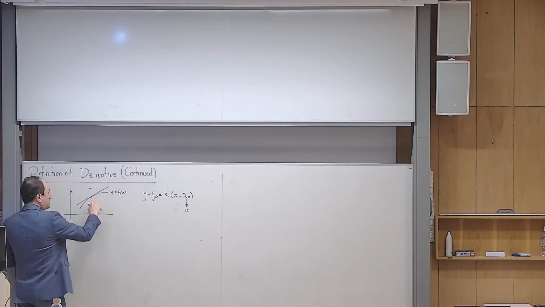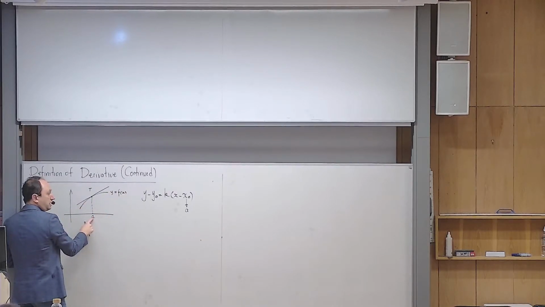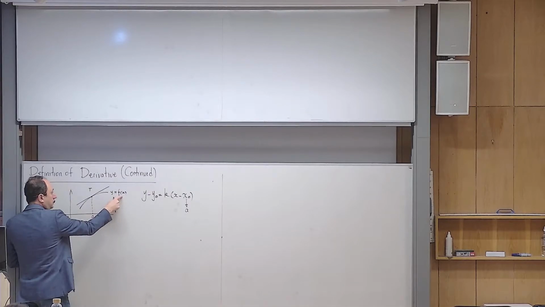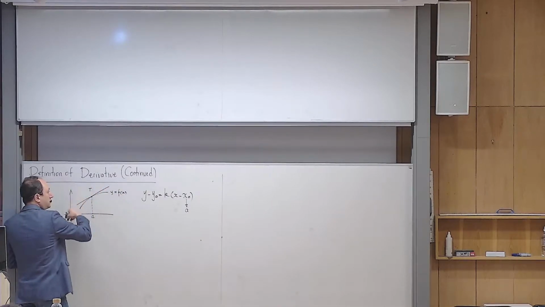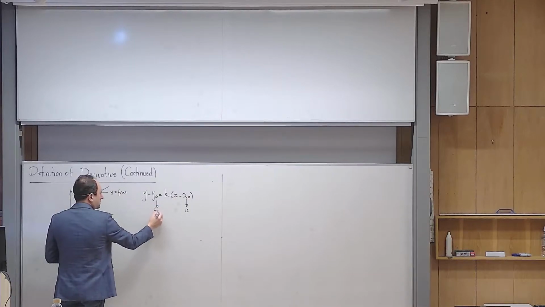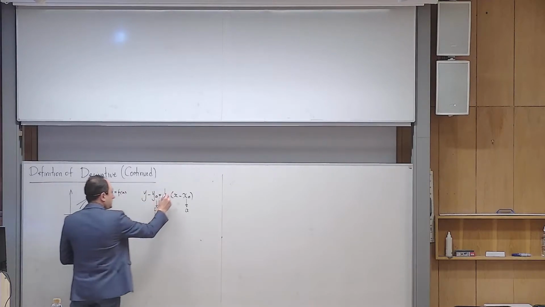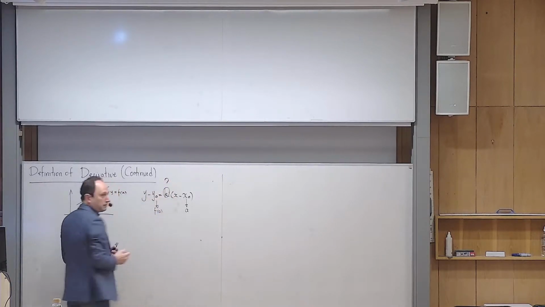The y coordinate is easy to find because if the function is f of x and the x value is a, you put it into this function, and f of a will be the output. So f of a will play the role of y node.